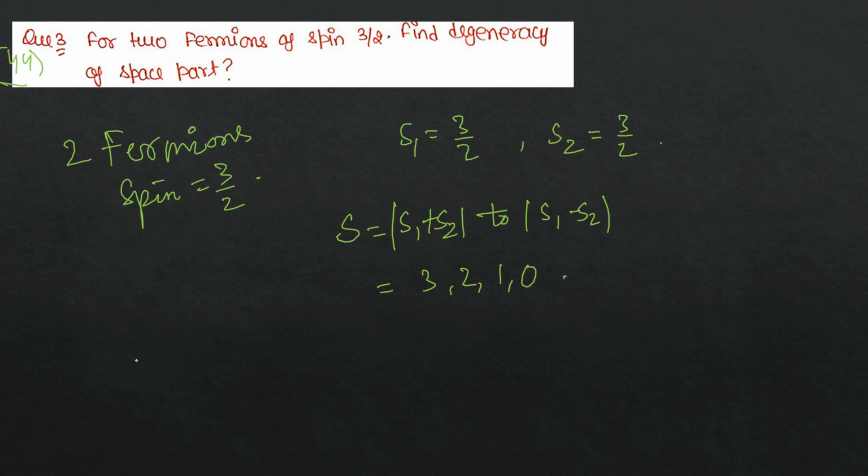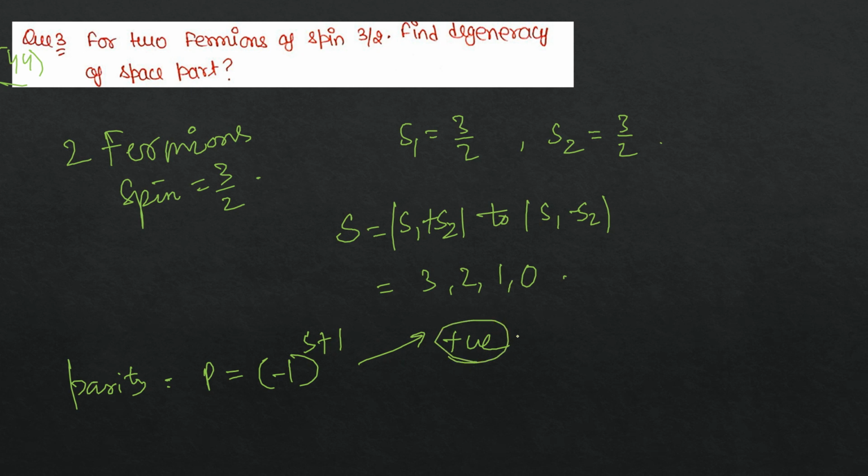So parity we know, parity is minus 1 to the S, so plus 1 or minus 1. If it is positive, that is a space part. If it is negative, this is called a spin part.